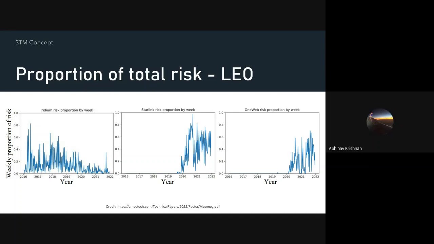So Starlink had just started from 2019 to be really operational, and you could see that at its initial phase, I think latter part of 2020, it reached almost 100% in risk, and that was just in a week. OneWeb has 300 satellites, and it has already reached 75% risk in later part of 2021, and it is going to increase even further because the race for internet connectivity is significant.